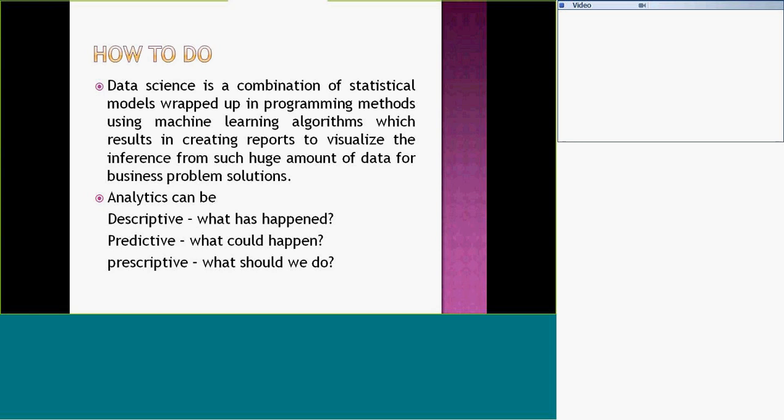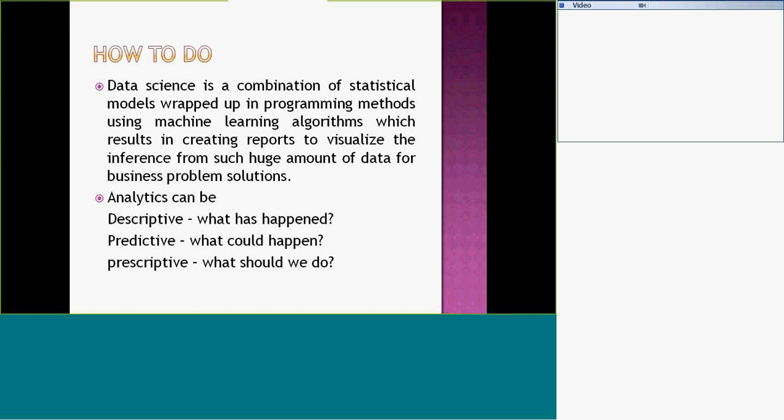If we talk about analytics, we have mainly three types of analytics here. One is descriptive analytics, which describes the problem, that is, what has happened in the past. Another is predictive analytics, where we are predicting something that will be happening, that this can happen in future.